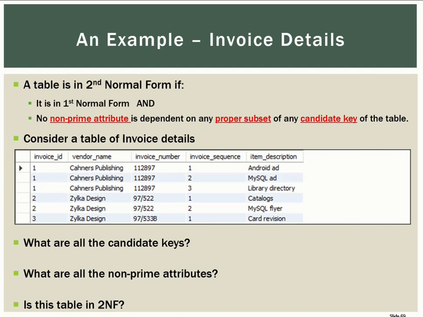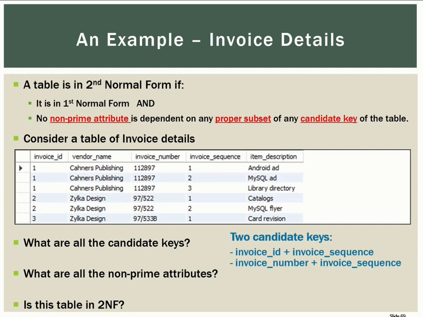But remember, when you're looking at candidate keys, you have to look at all possible candidate keys. I think the candidate keys include the invoice ID and the invoice sequence, as we mentioned, but there's a second candidate key: the invoice number and the invoice sequence.